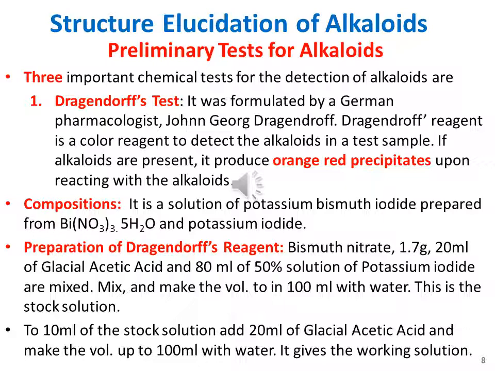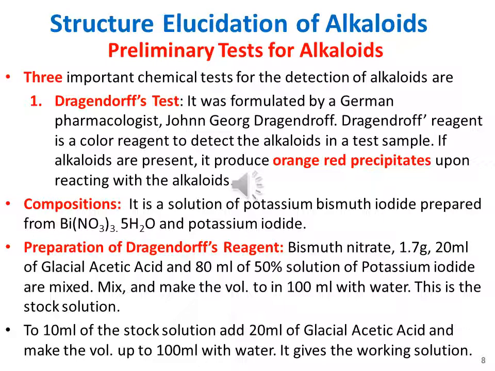If we talk about the composition of the Dragendorff's reagent, it is a solution of potassium bismuth iodide prepared by the reaction of bismuth nitrate and potassium iodide. You can prepare this reagent in your laboratory by adding 1.7 gram of bismuth nitrate in 20 ml of glacial acetic acid, and then add 80 ml of 50% solution of potassium iodide.